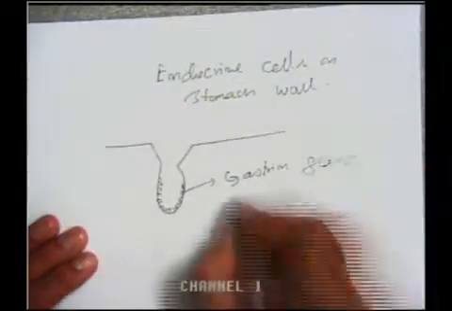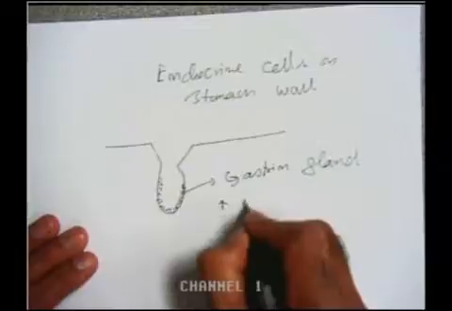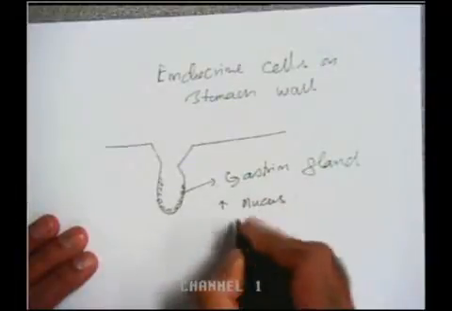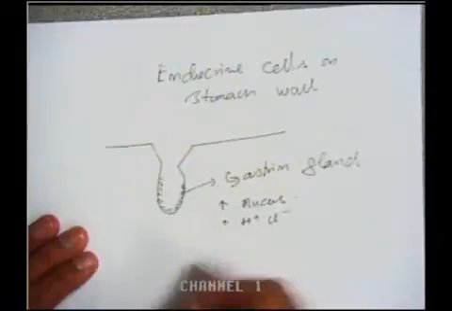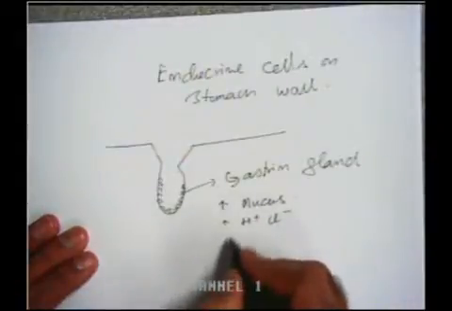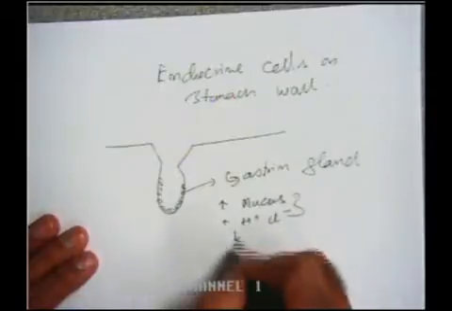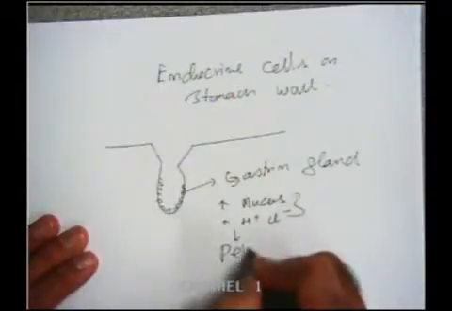Also in the stomach wall, you get an increased amount of mucus secretion. Also, you know about the parietal cell, which will produce H plus and Cl minus, and also help in the pepsinogen release.